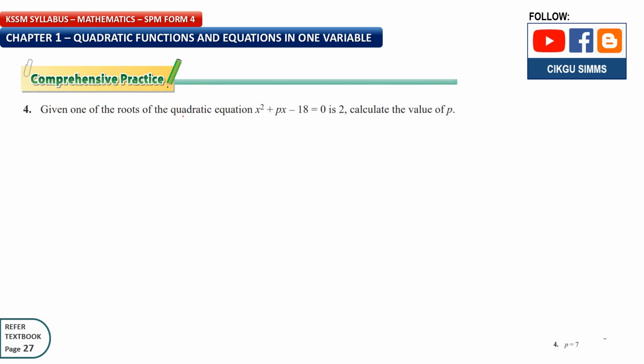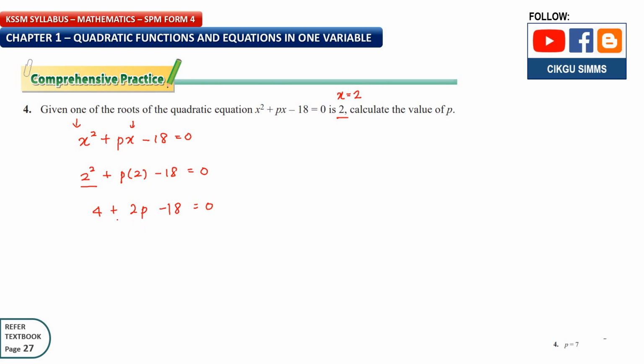Okay, so let's move on to question 4. Given one of the roots is 2, calculate the value of p. So what is root? Root means the value of x, right? Okay, so you can rewrite the equation. So your x is 2, so you can substitute it with 2. 2 square plus p times 2. 2 square is a 4. 2 times p is 2p.